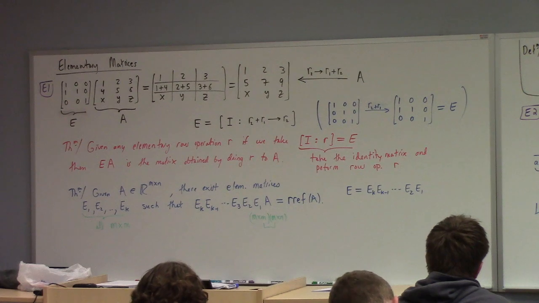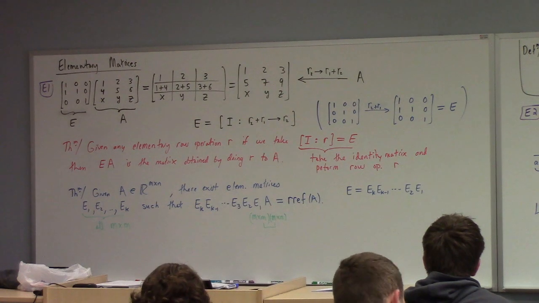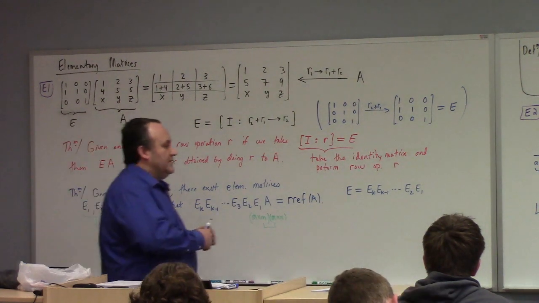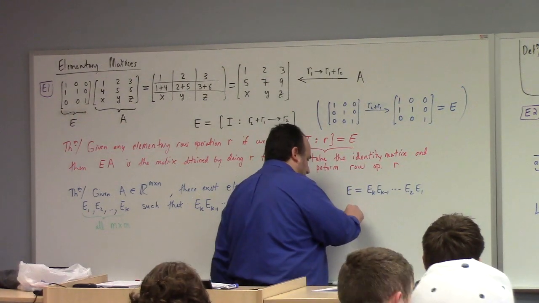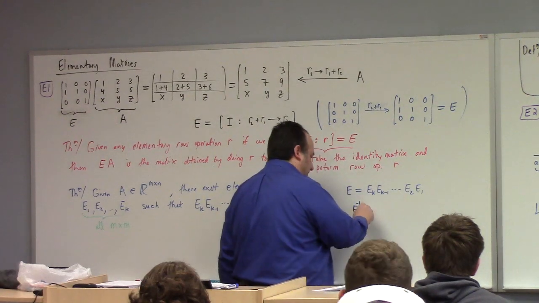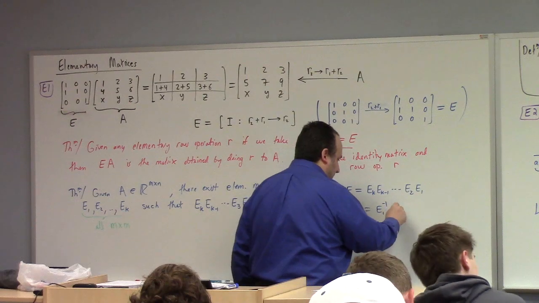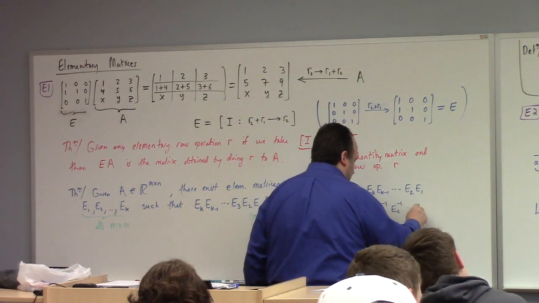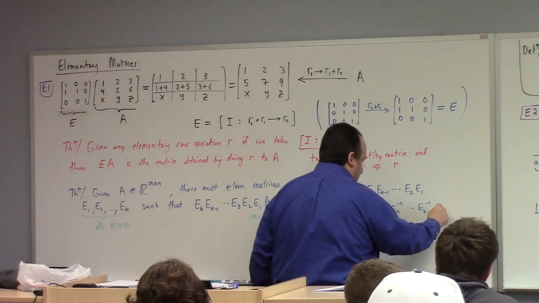In fact, we could prove something stronger for elementary matrices. We could prove that the product of elementary matrices, well, I'll shut up. But so E inverse is what? Is it invertible? It is, because each one of these is invertible, and the inverse is E1 inverse, E2 inverse, dot dot dot, E(K minus 1) inverse, EK inverse.